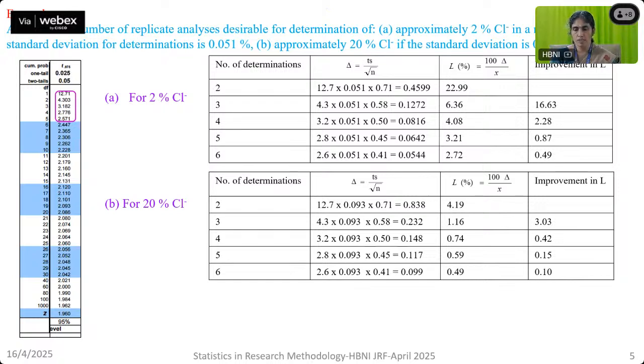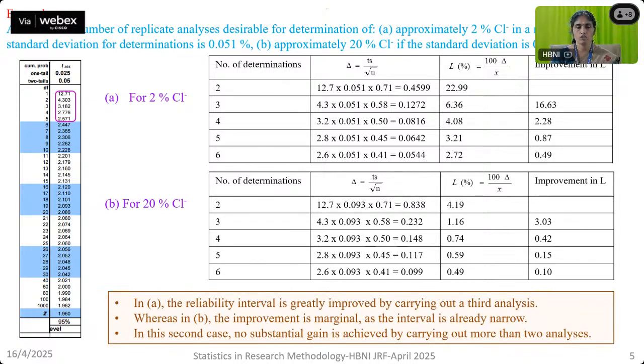You can easily appreciate that as we go from 2 to 3 determinations in the case of A, that is 2% chloride, the magnitude of improvement in L is visibly high. From 22.99, it has come down to 6.36. The width has been narrowed down drastically.